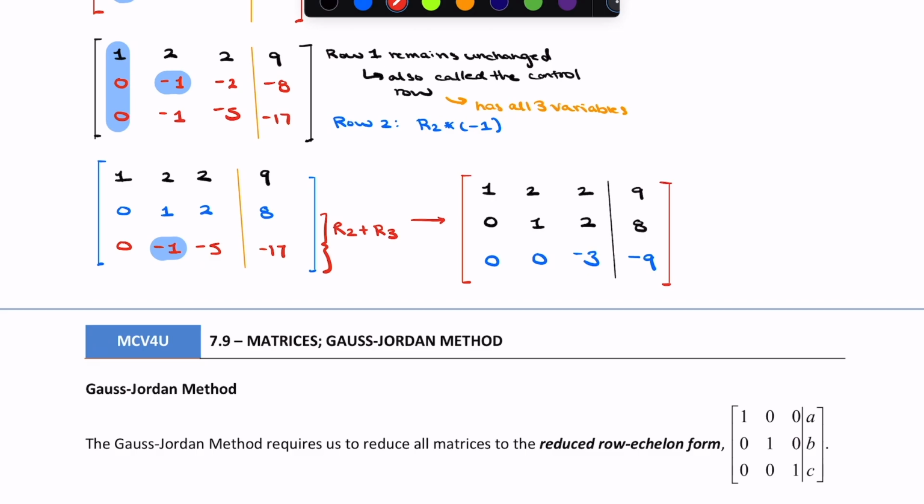Okay, so here we, again, in our third row, we have 0, 0, -3, and -9. And what we can do here is we can, again, take our row 3 and we'll divide that by -3. Again, to get this column 3, row 3, to 1.